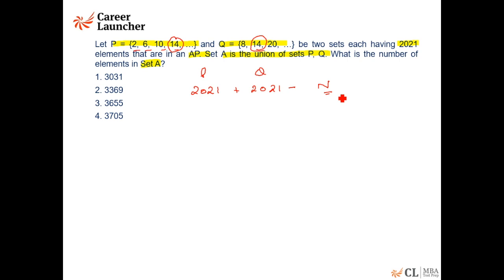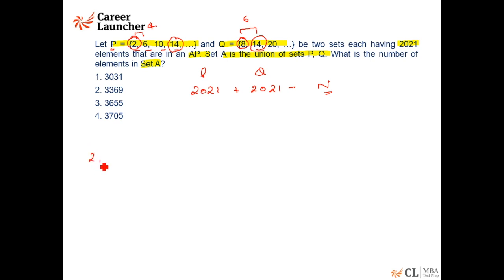Now, which series will stop first? Obviously P. P starts with a smaller number and has a common difference of 4. Q starts with a bigger number and has a common difference of 6, which is even bigger. So Q will go longer in terms of the number, though it will also have 2021 terms. The last term of Q will be much bigger than the last term of P. So it is P which is important for me.